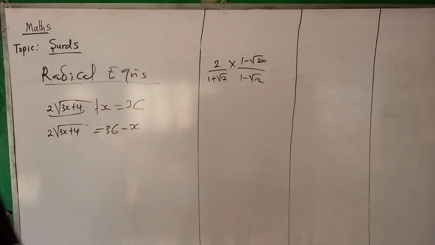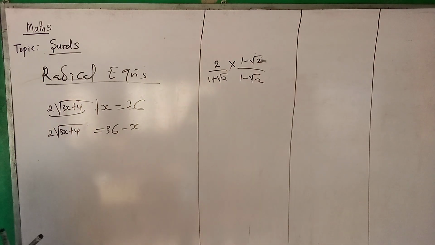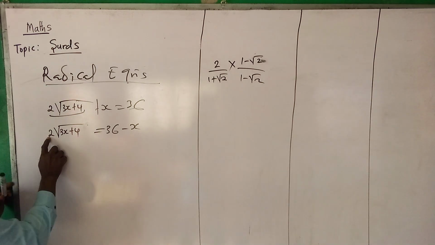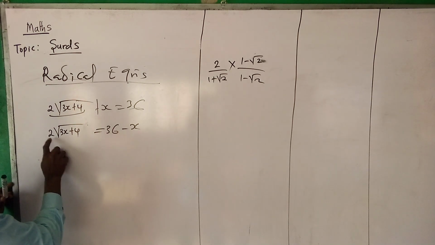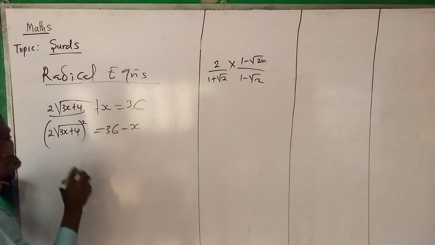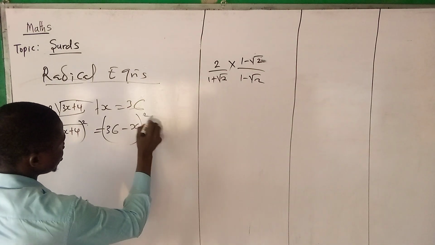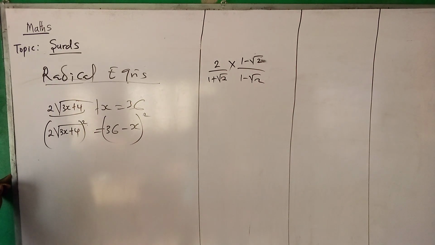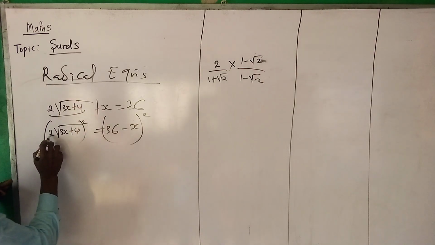Now the second thing to do, you have to take the square of both sides. Remember, this is the coefficient of this. Don't say let me divide this by this. No. Take the square of both sides. Of course, you can square both sides, right? The square of this is 4.